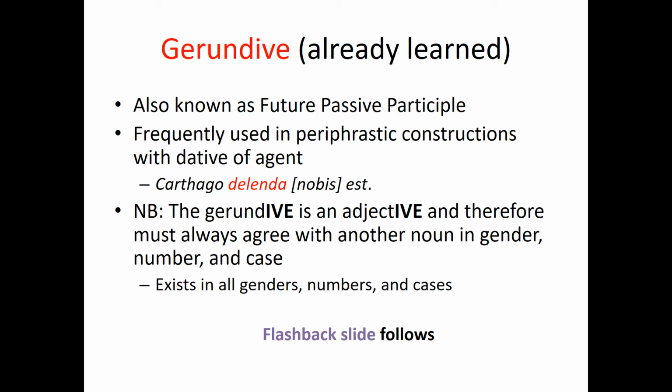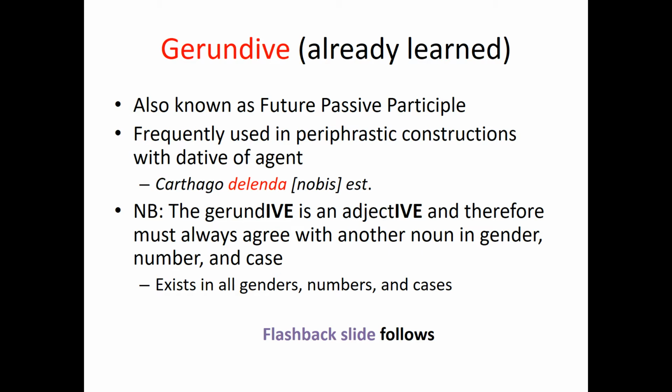We also probably talked about it in periphrastic constructions, meaning constructions that use the verb to be in conjunction with a future passive participle to express obligation or necessity. So the famous example was Carthago delenda est, Carthage must be destroyed, which literally means something like Carthage is going to be destroyed.